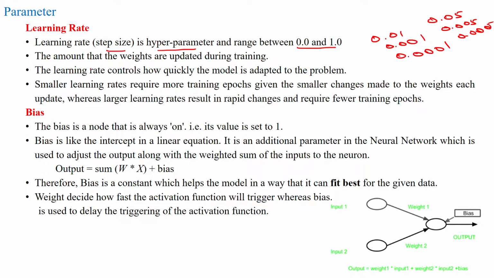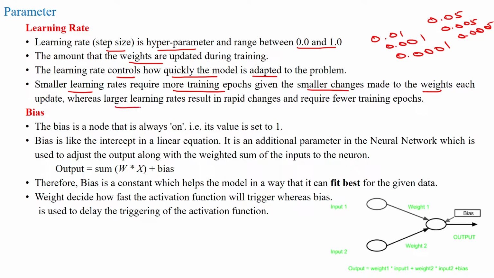So this learning rate is used to update the weights during backward propagation. The learning rate controls how quickly our neural network model is adapted or learning the patterns for given input, and smaller learning rates require more number of training epochs, which is giving smaller changes made to the weights at each iteration.